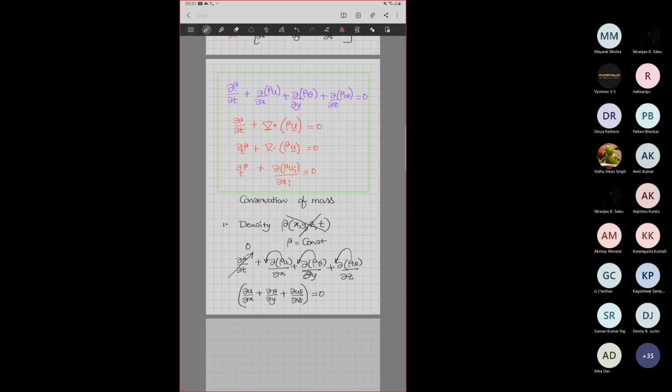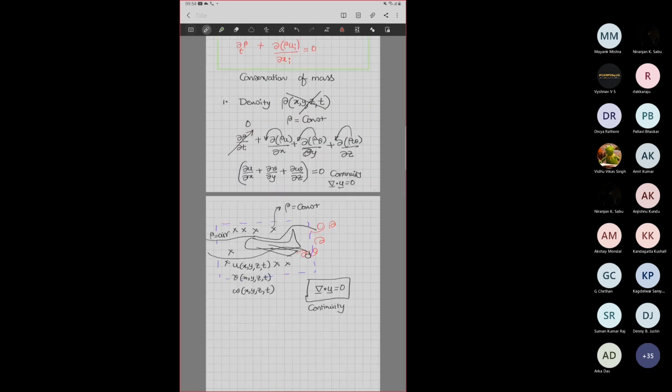So though you begin with the mass conservation principle, what you end up with is del dot u is equal to 0, as long as on the Eulerian frame you see your density constant throughout the system. This is one. Is this point clear to everyone? Hello? Yes, sir. And this is also called the continuity equation.